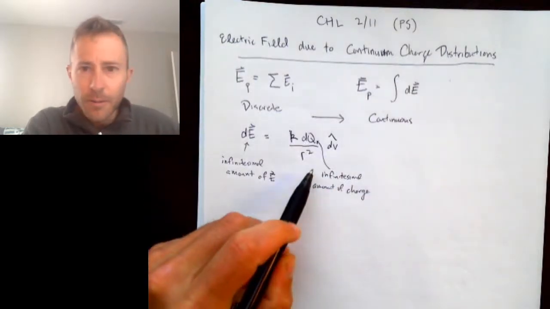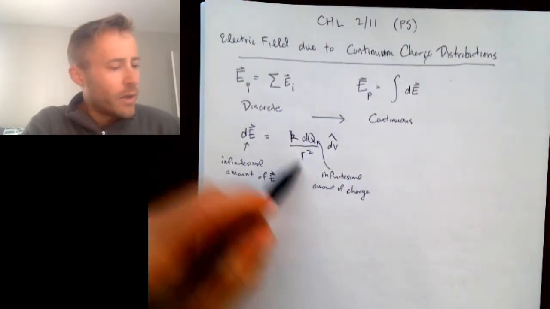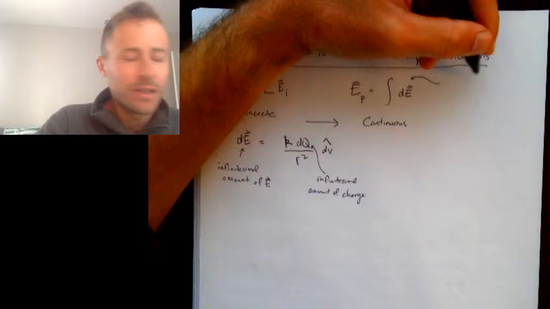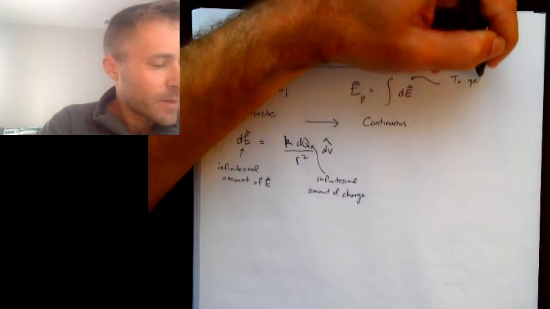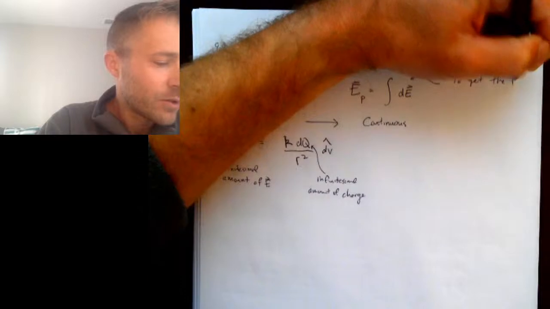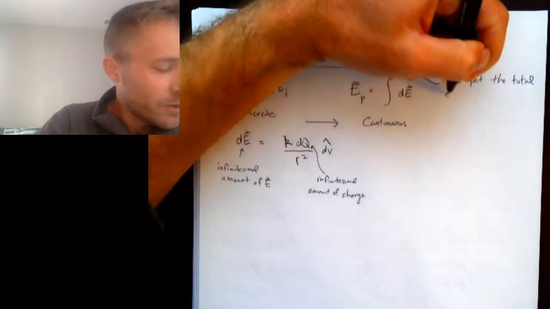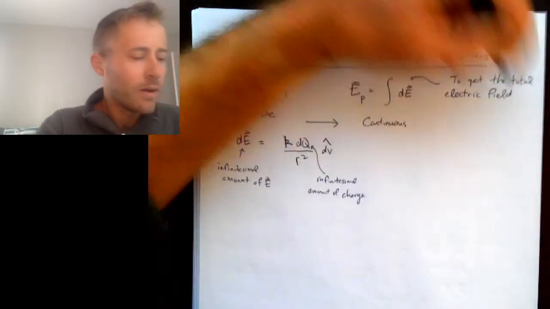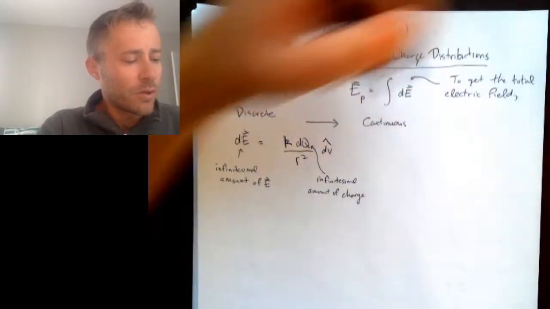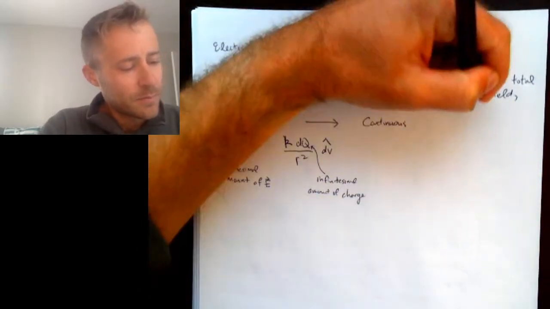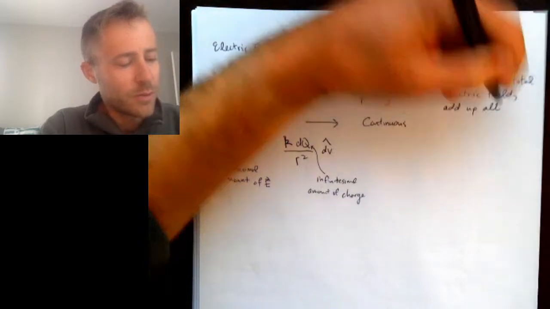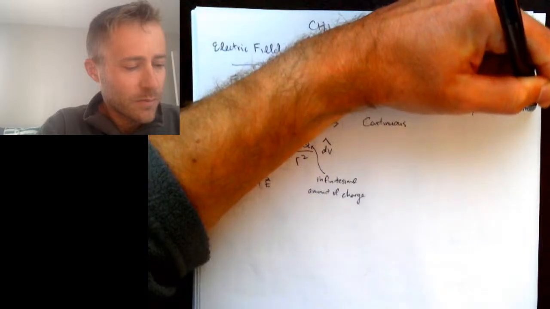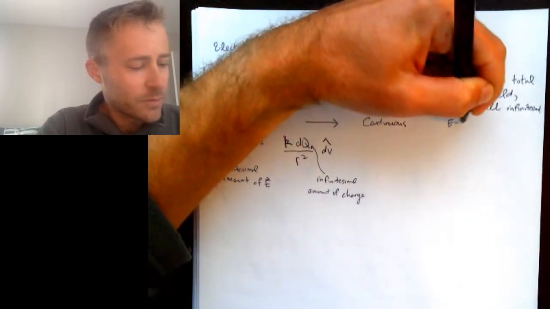Then what this says is basically to get the total electric field, add up all the infinitesimal electric fields.